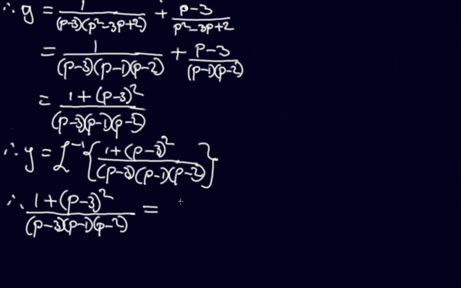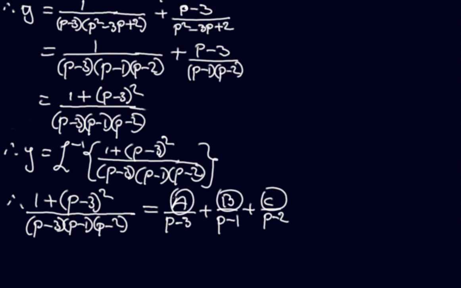Therefore we have a constant on top over the first factor, a constant on top again because it's another linear factor, then we put in the last one. Then the next thing we have to do is find the values of these a, b, c variables. After that you are done, we come back and complete the problem.